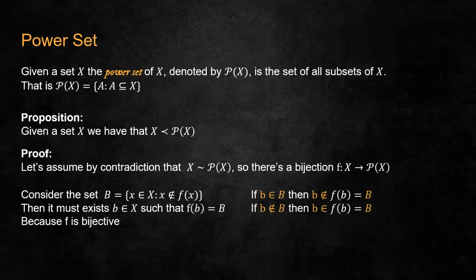Well, if it does, by definition, it does not belong to f of b, but f of b is B. If it doesn't, then by definition, it belongs to f of b, which is B. Which means that we have a contradiction, and therefore the power set will strictly dominate X. So going back to our question, is there something that is bigger than the real numbers?